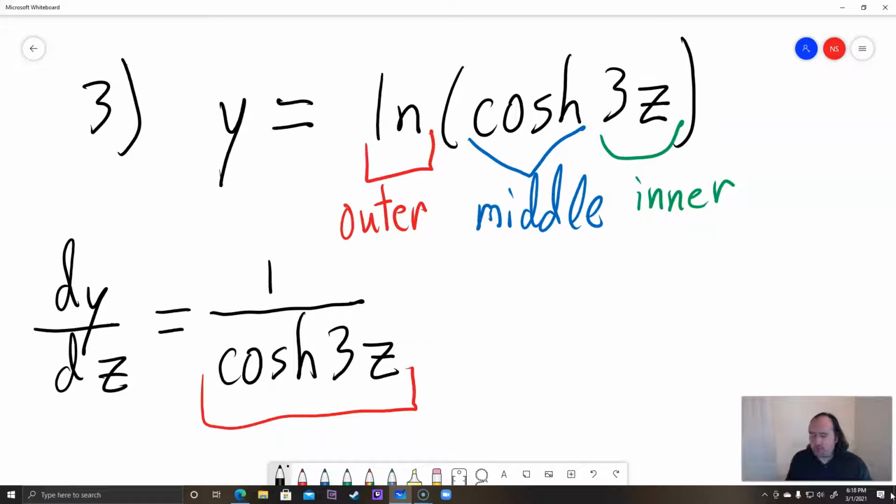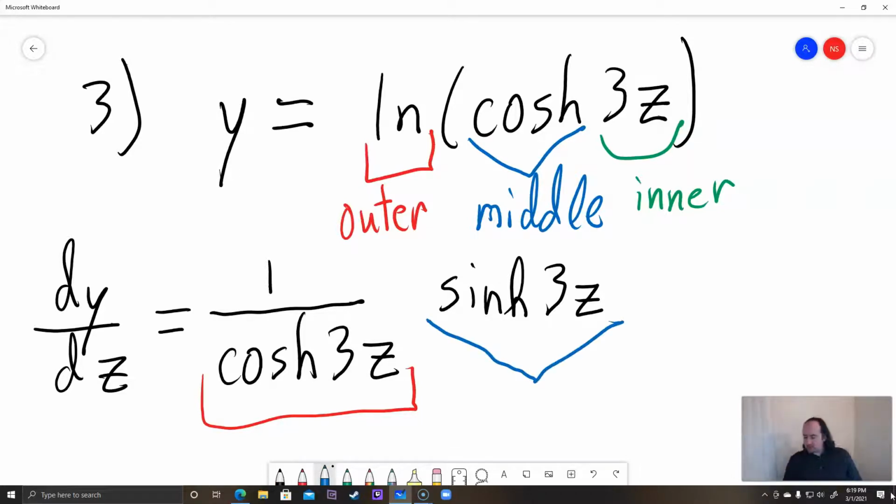Okay, so the derivative of cosh, we said, was just sinh. So that's going to give us sinh of 3z. But notice I left the inner function alone. So right there, I took the derivative of the middle function, inner left alone. Because remember, the derivative of sinh is cosh, and the derivative of cosh is also sinh.